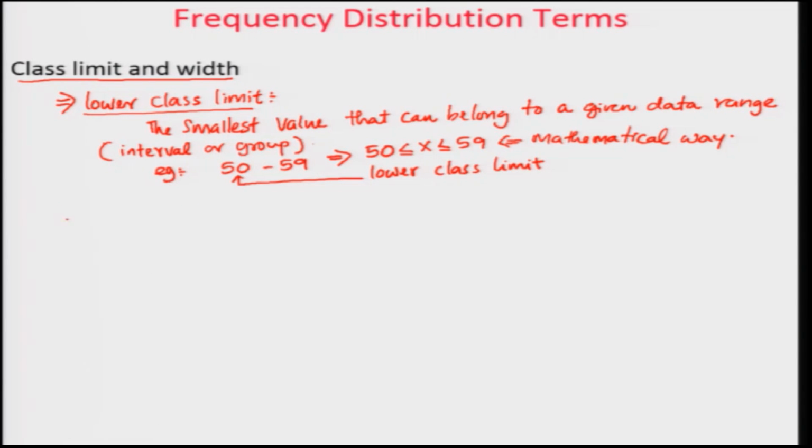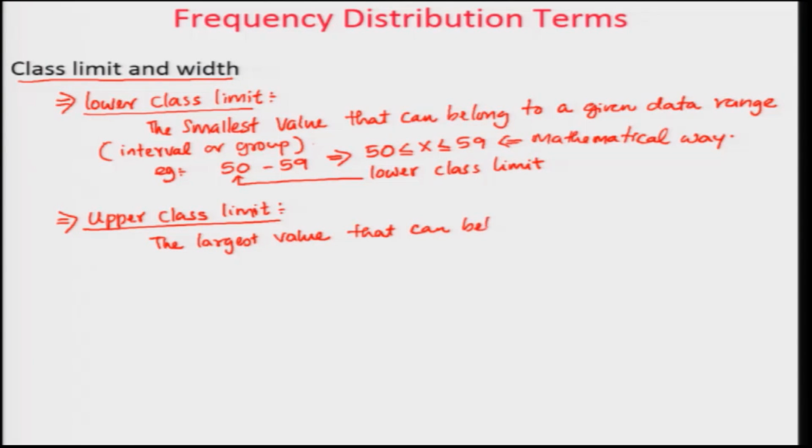Then the other one is the upper class limit. Same thing, just different: the largest value that can belong to a given interval, also known as a data range or group.